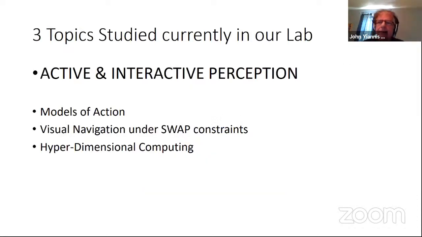So in our lab, there are basically 3 topics studied with regard to active and interactive perception. That is, the groups of PhD theses are centering around these topics. One is about models of action that I will talk about today. Another is about visual navigation under swap constraints, where we work with very small drones and we use event sensors, that my colleague Cornelia Vermeulen will talk about.